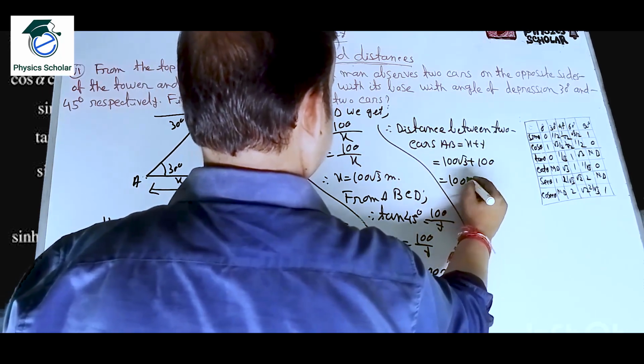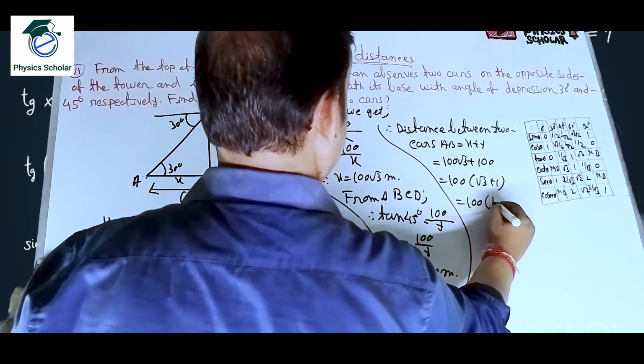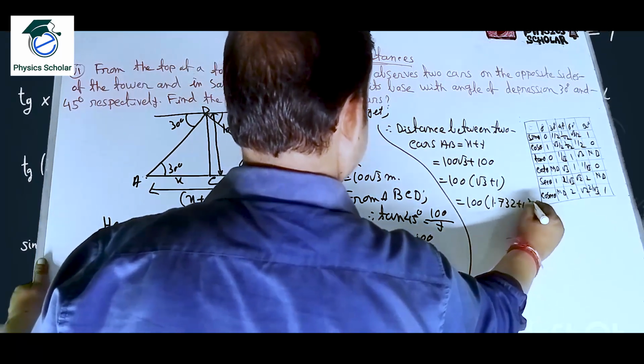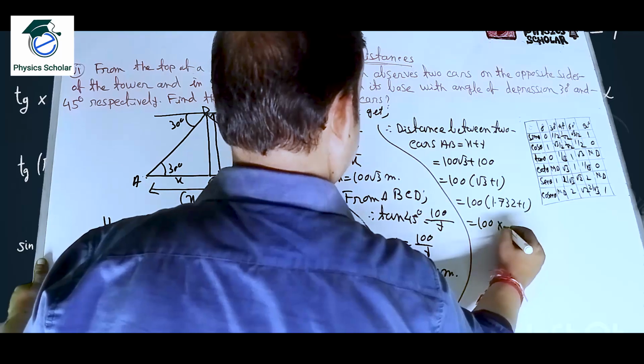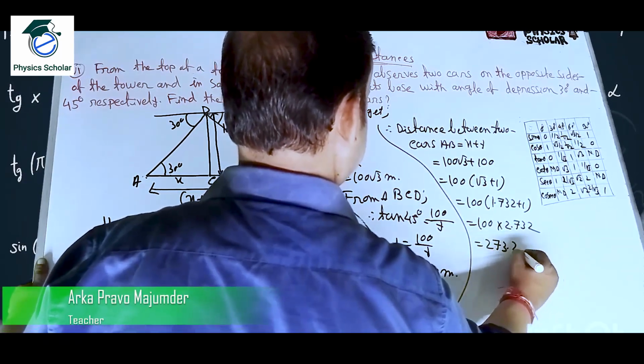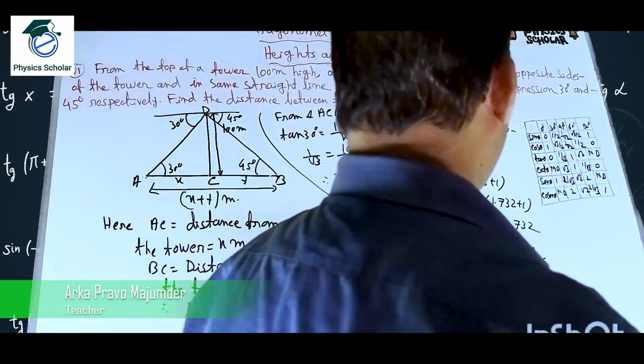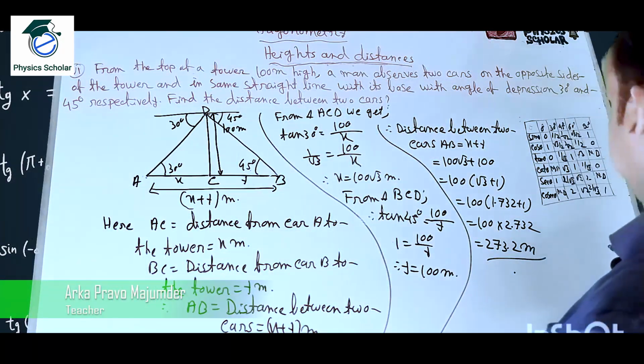So 100 common, root 3 plus 1. So 100 into 1.732 plus 1, so 100 into 2.732, that means 273.2 meter. So the distance between the two cars will be 273.2 meter.